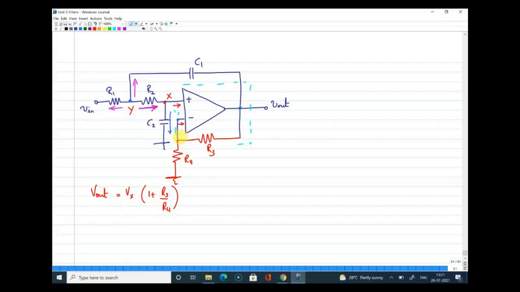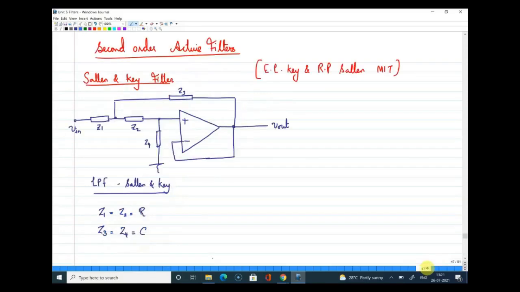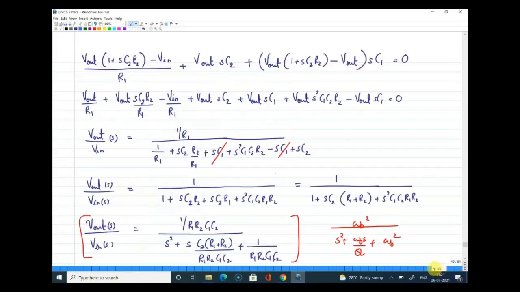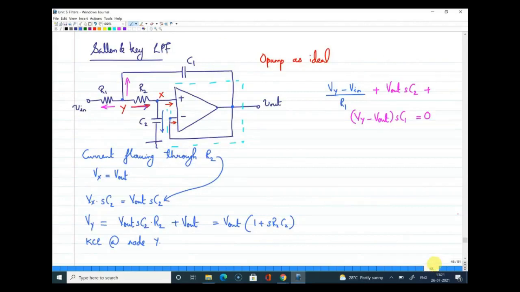There are some slight changes in the previous analysis we have done. Now if I write the current through R2, Vx into SC2, and if I write in terms of Vout, because previously Vx and Vout were equal, but now Vx and Vout are related through the resistance ratio.